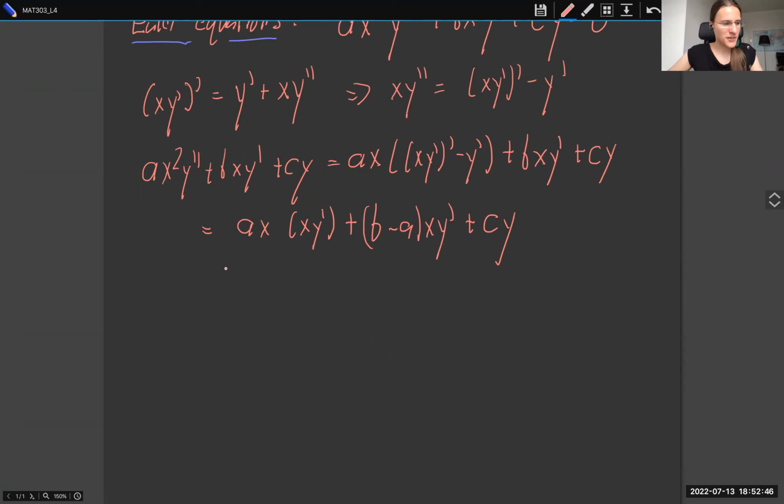Anyway, so xy prime, there's another way to write that. We can write this as x dy dx, right? Now, if we consider differentiating the logarithm of x with respect to x, then what is that?